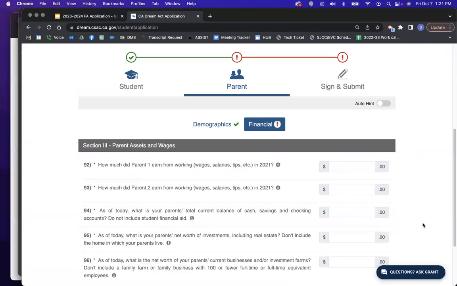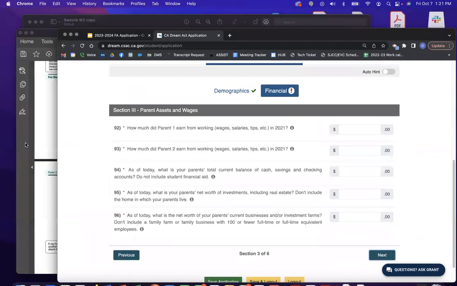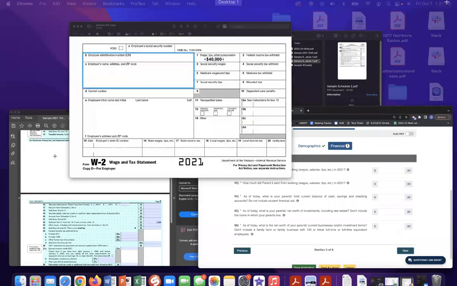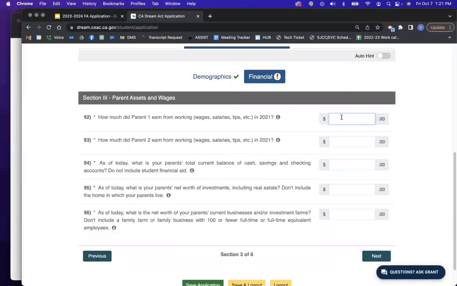And then here it's going to ask you how much each parent worked. If both of your parents work, then you have to figure out how much each of them earned by looking at their W-2s. Say that this is the W-2 for my first parent, and it says 40,000 and my income was 40,000, and I'm like, okay, that makes sense because my mom doesn't work.